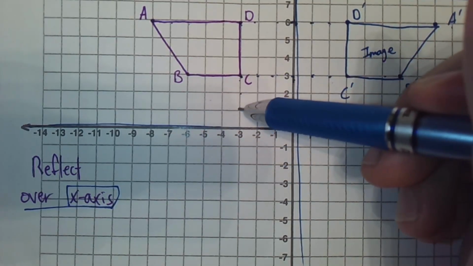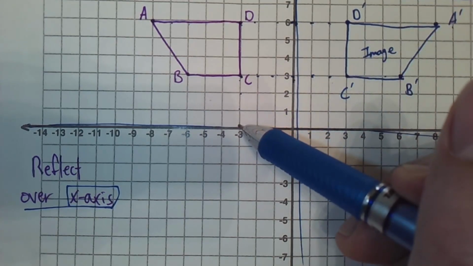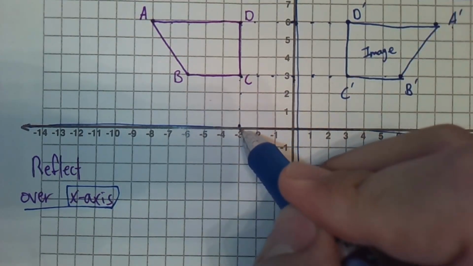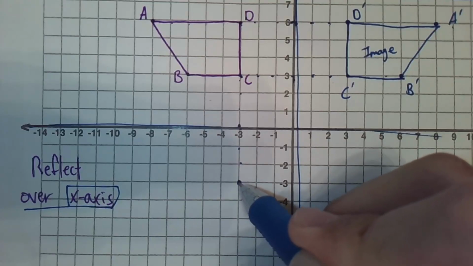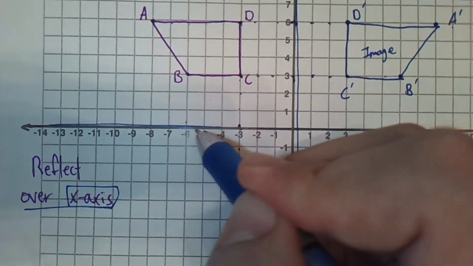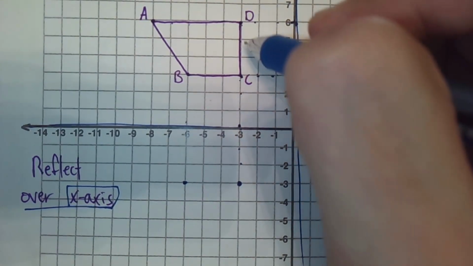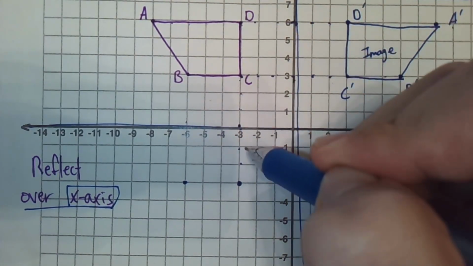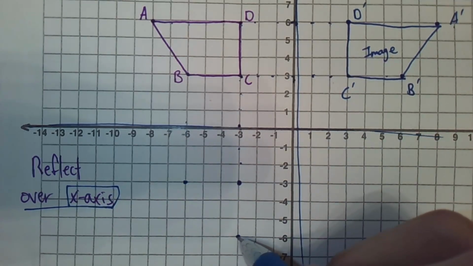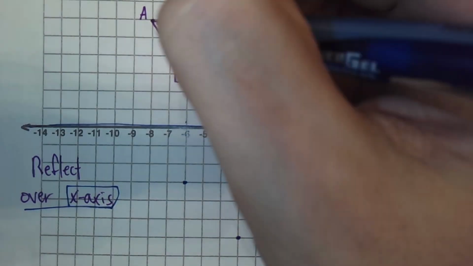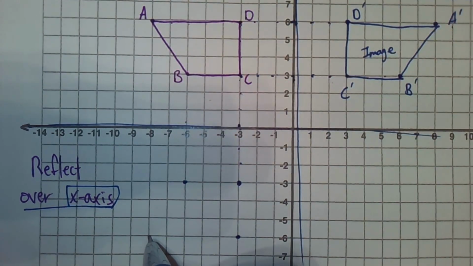C is 1, 2, 3 away from the reflection line, which is the x-axis, so I go 1, 2, 3 right here. And B is 3 steps, so again, 3 steps to the other side. D is 1, 2, 3, 4, 5, 6 away, so I go all the way down to 6. And A is also 6 away, so I go all the way down to 6.